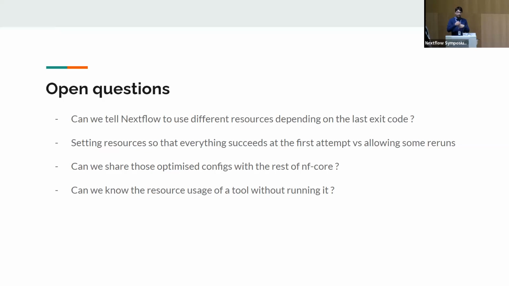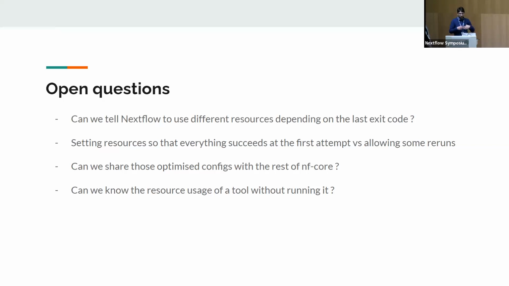Or if it's killed because it exceeds the runtime limit, then I want to give it more runtime or more CPU, but not necessarily more RAM. Some tools may fail because of an internal error, like a segmentation fault. In that case, maybe I don't want to increase resources. It depends. I would like to have more flexibility there.